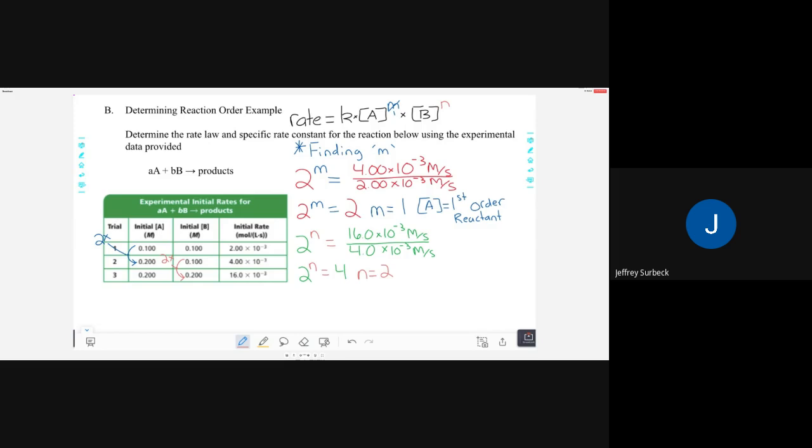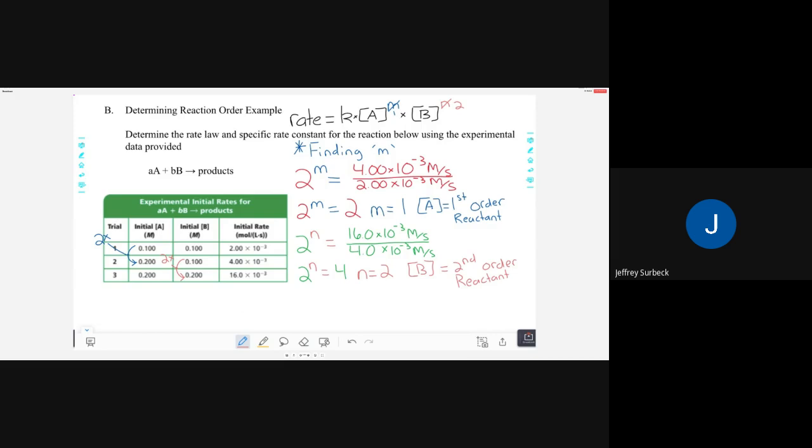So that means we can say that substance B is a second order reactant. And once more, what I like to do is say, okay, I know n, it's a 2, and now I can write my rate law.